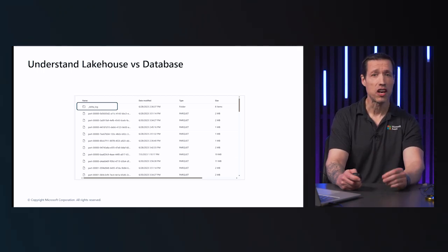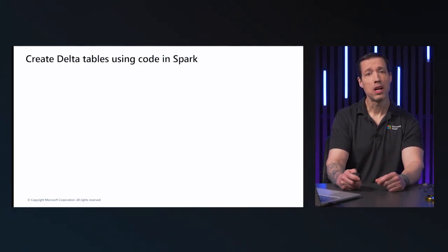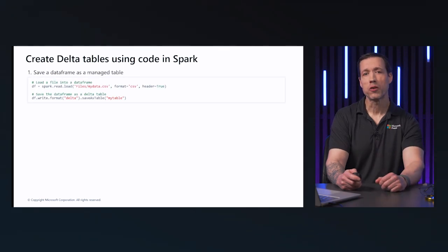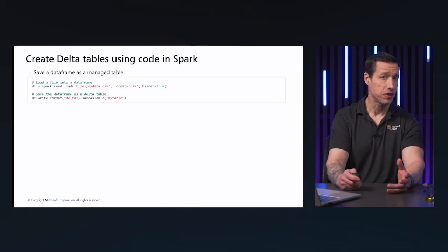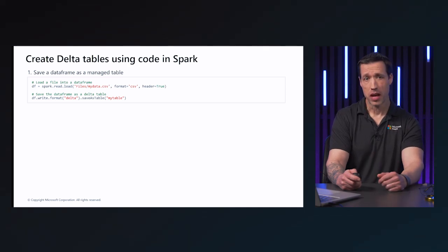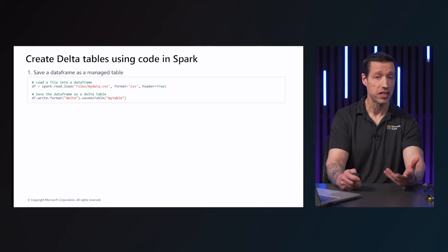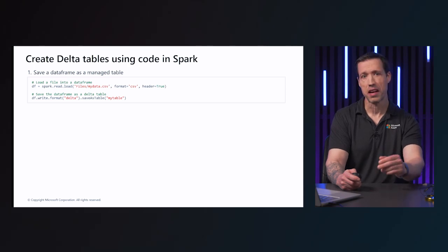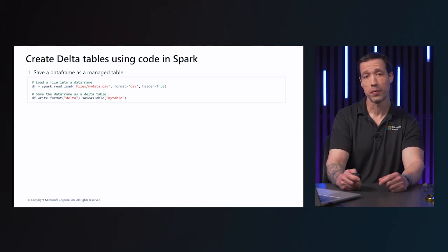Now that we understand the underlying data structure, let's start creating Delta tables. One of the easiest ways to create a Delta table in Spark is to save a data frame in the Delta format. For example, the following PySpark code loads a data frame with data from an existing file and then saves that data frame as a Delta table.